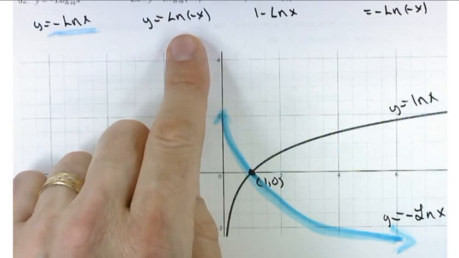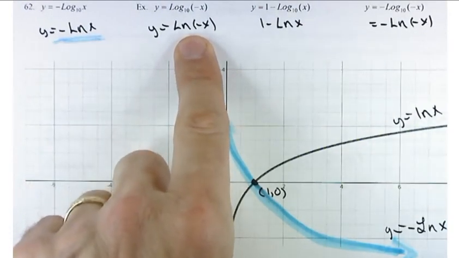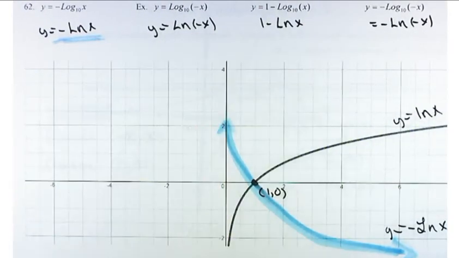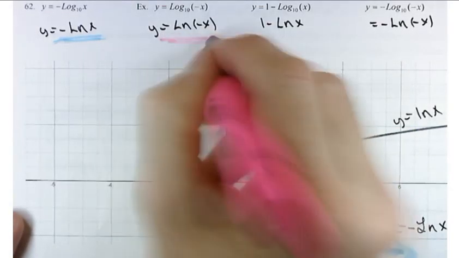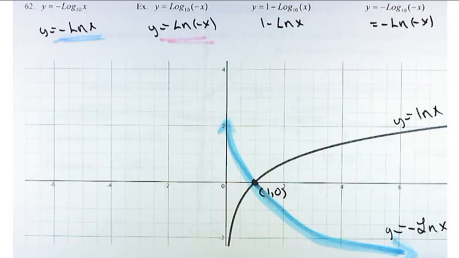What's this going to do if I put a negative inside the log? How's that going to affect my graph? Yeah, the negative is going to flip it around the y-axis. So take this and reflect it around the y-axis instead of having a point at 1, 0.